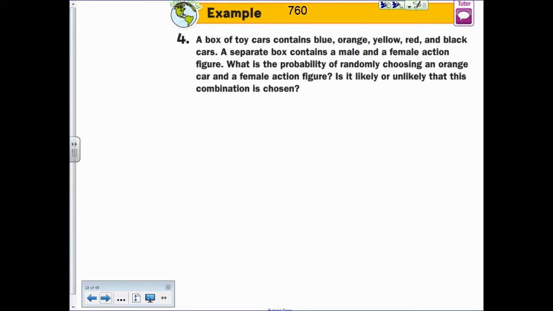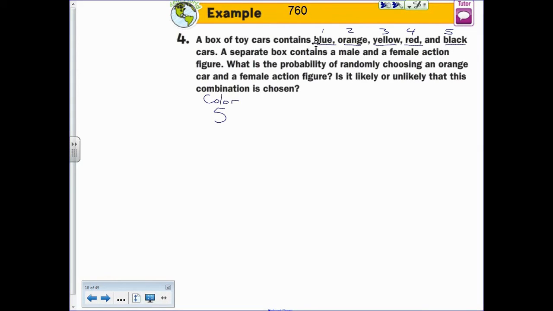Well, let's first look at our compound events. We're going to choose a toy car, and there is blue, orange, yellow, red, and black. How many colors are there? 1, 2, 3, 4, 5. We know that there are 5 color choices.